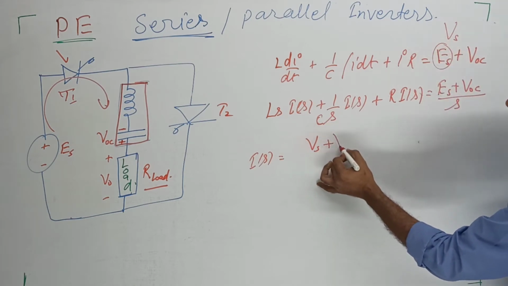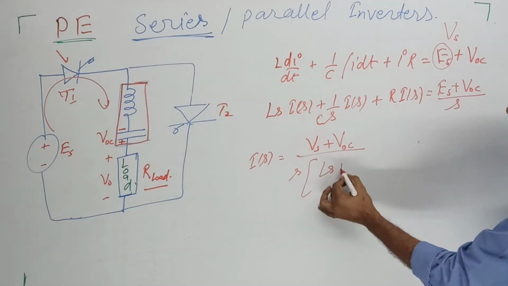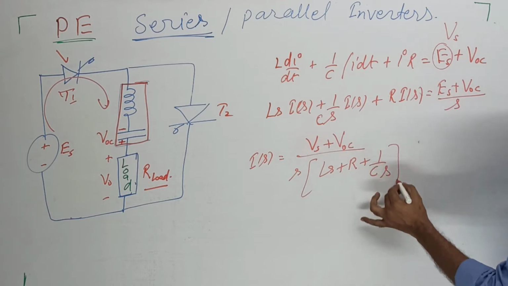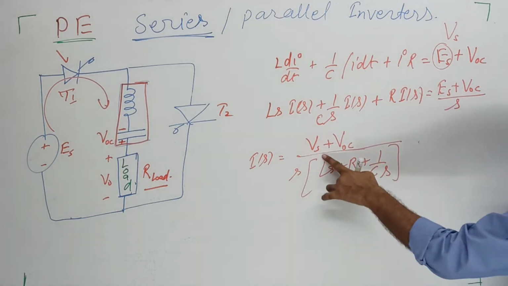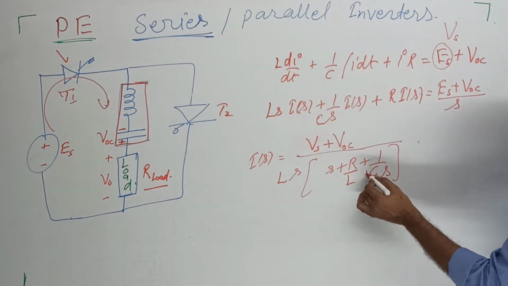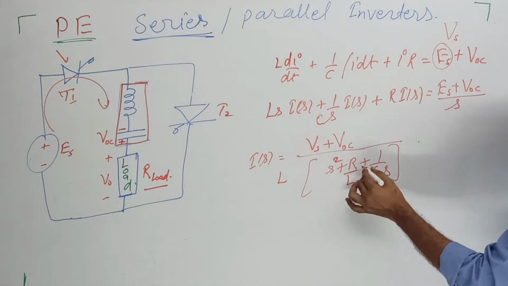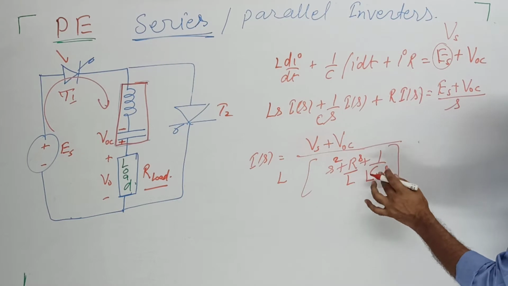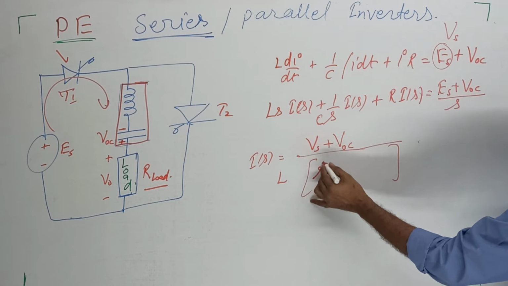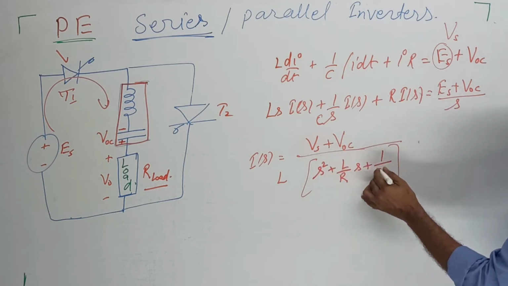So Vs plus Vc0 divided by s, into Ls plus R plus 1 upon Cs. So we are taking L as the common factor, so divided by L and divided by L. And here s we are taking inside, so this is s square, and this s and this s get cancelled out. So it becomes s square plus R upon L s plus 1 upon LC.